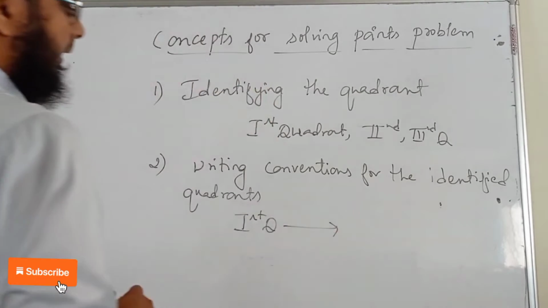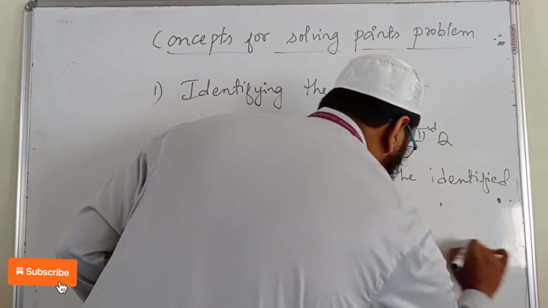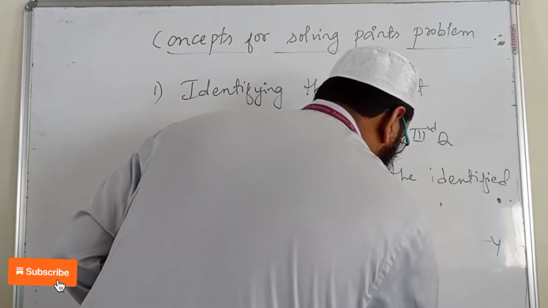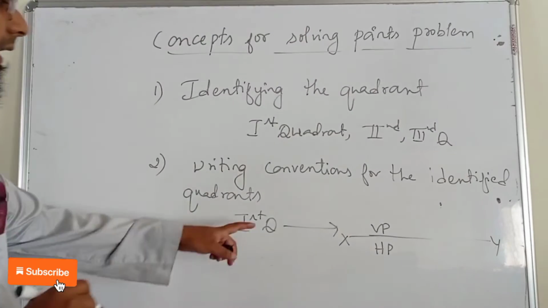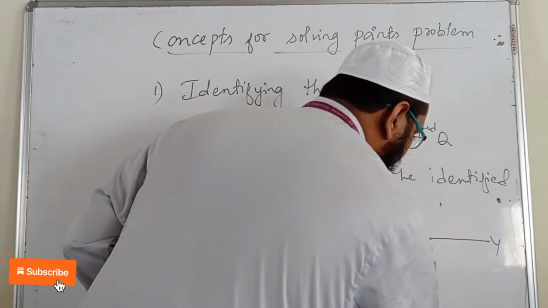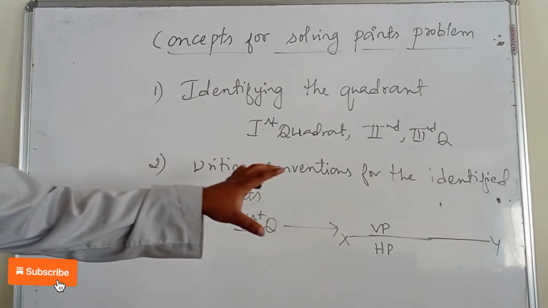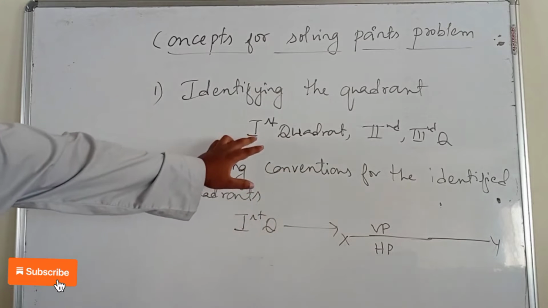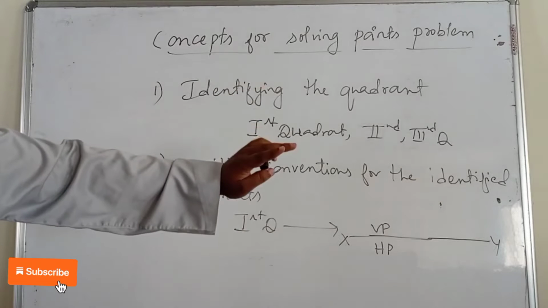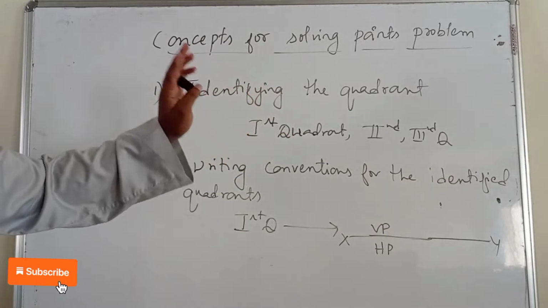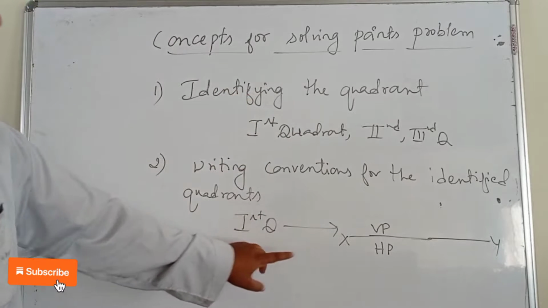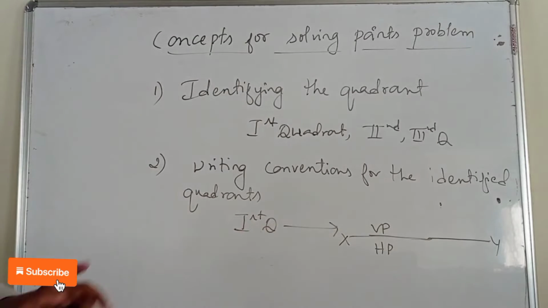The convention for the first quadrant means we need to write it by means of XY with the VP and HP, in terms of orthographic views. Say the point A is 30 mm above HP, 20 mm in front of VP, and lies in the first quadrant. What is the convention with respect to the first quadrant? That is our second concept.